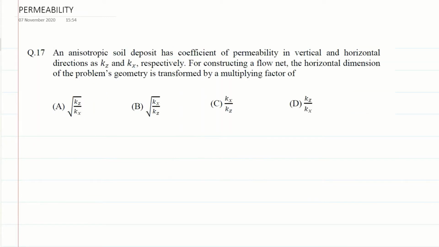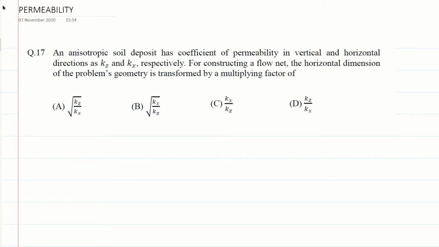Now we move on to the next question. An anisotropic soil deposit has coefficient of permeability in vertical and horizontal directions as Kz and Kx respectively. For constructing a flow net, the horizontal dimension of the problem's geometry is transformed by a multiplying factor.